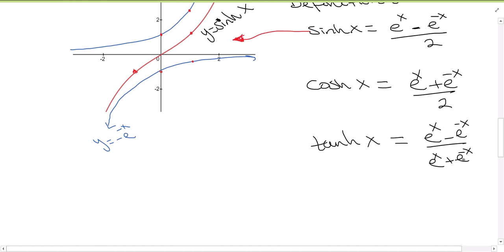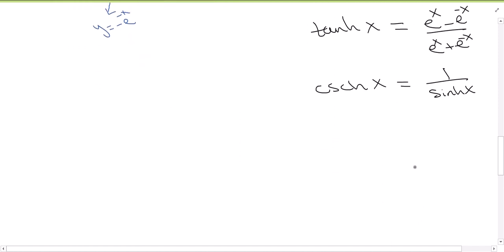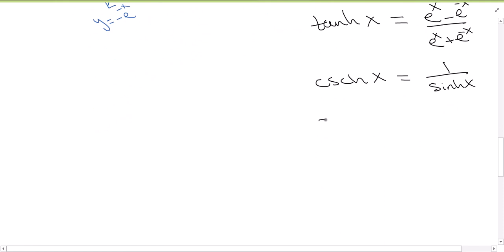And then you have all the reciprocals. Hyperbolic cosecant of x is 1 over sinh x, right? The reciprocal of hyperbolic sine. So you could also write it as 2 over e to the x minus e to the minus x. But I'm just going to say these are still reciprocal functions.